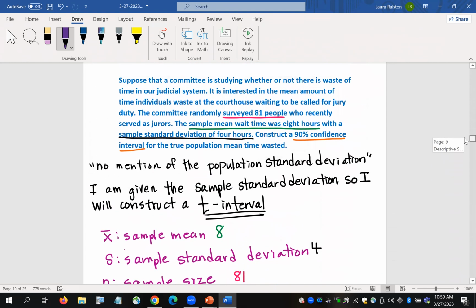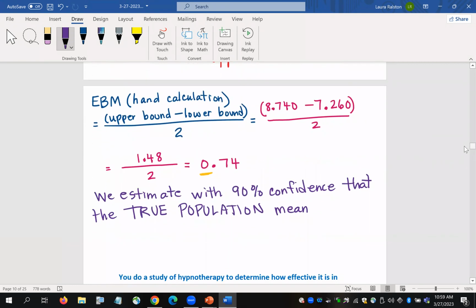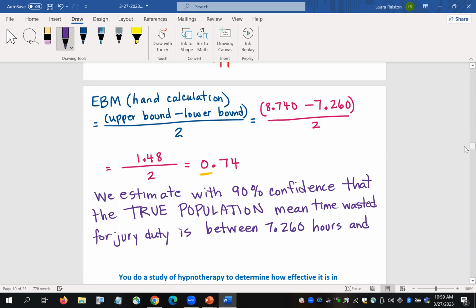Mean time wasted for jury duty is between 7.260 hours and 8.740 hours.